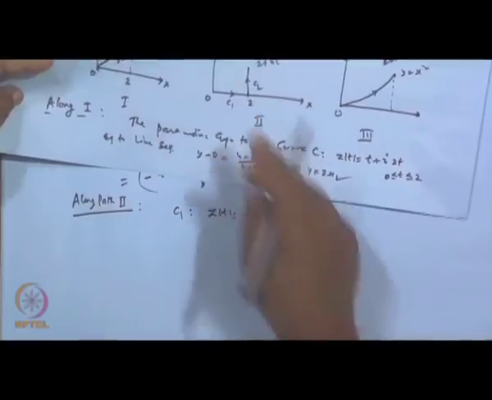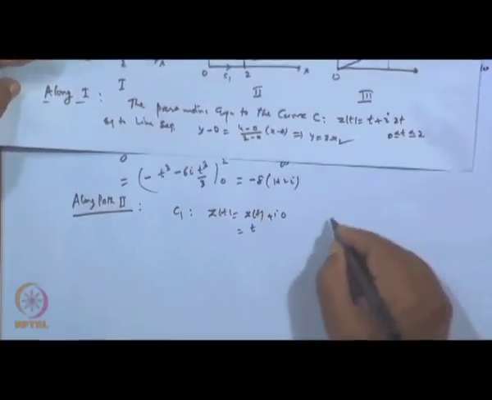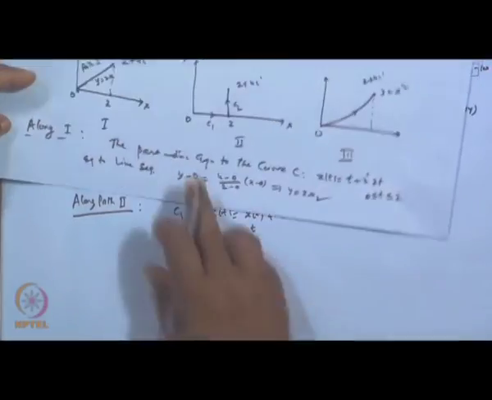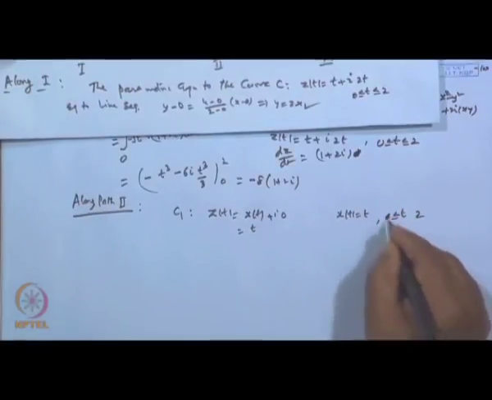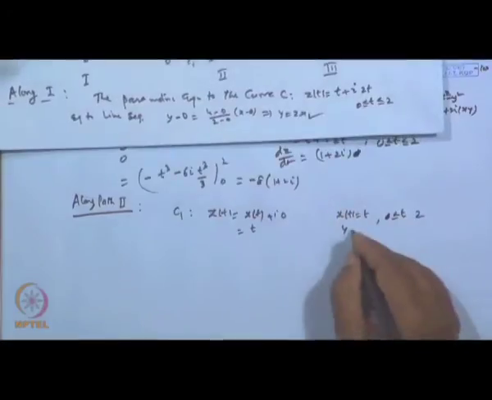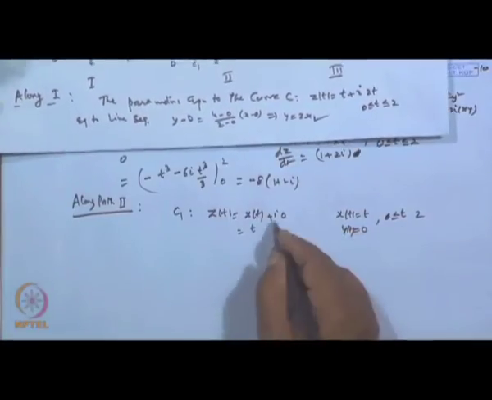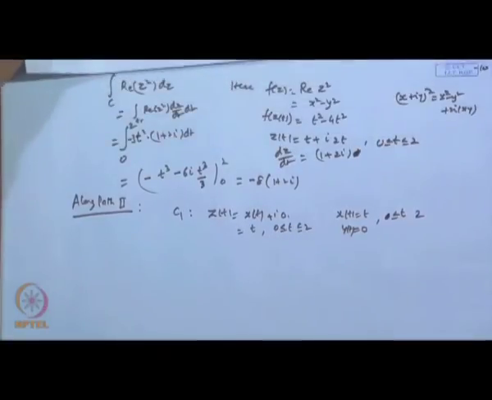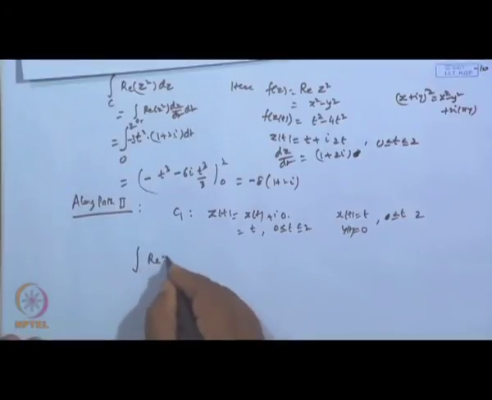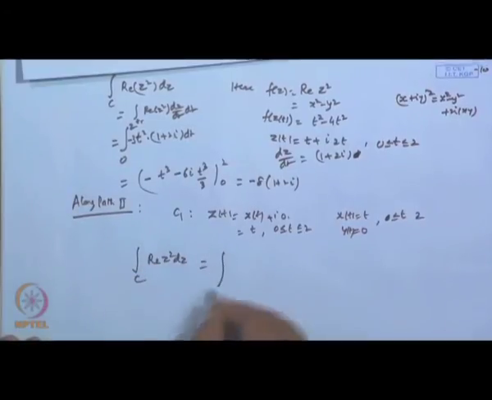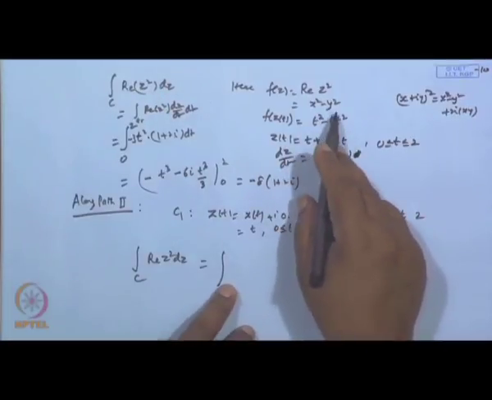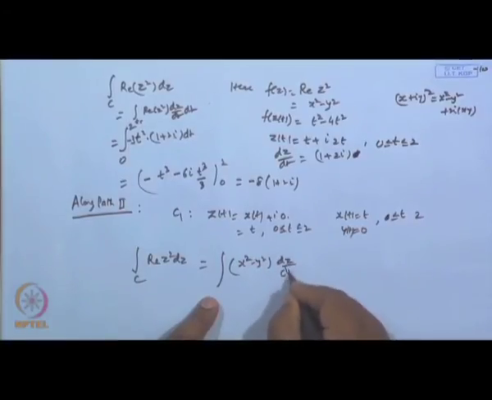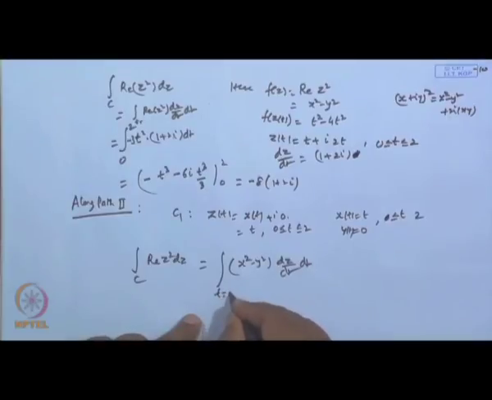X becomes t, where t varies from 0 to 2, and y is always 0 along this path. Hence, the integral of the real part of z squared dz along path C1 is, since the real part of z squared is x squared minus y squared, the integral of x squared minus y squared times dz by dt, where t varies from 0 to 2.